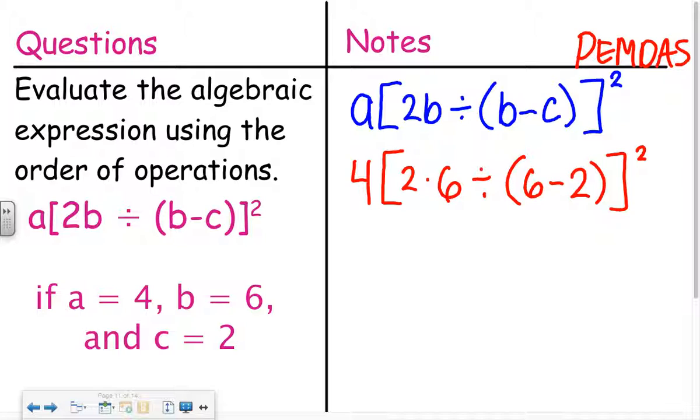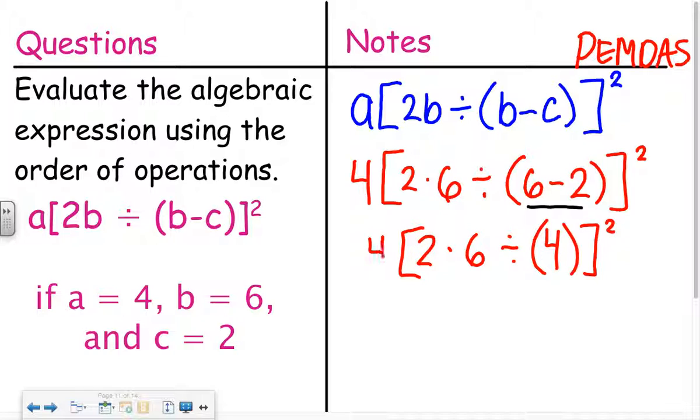All right, so this time I've got brackets and parentheses. I will start on whatever is on the inside, which is my 6 minus 2 here, which is going to give me 4. Now I've got just the 4 in my parentheses, so that part is done.